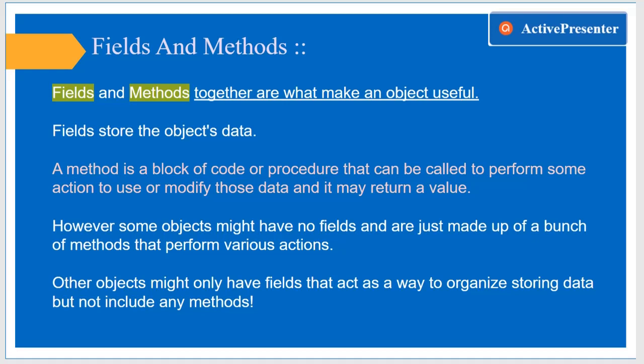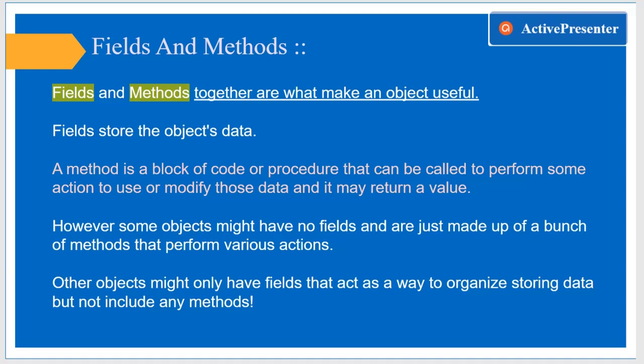However, some objects might have no fields and are just made of a bunch of methods that perform various actions, and other objects might only have fields that act as a way to organize stored data but not include any methods.